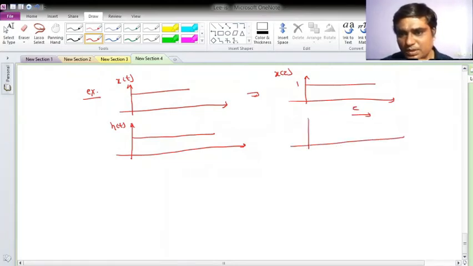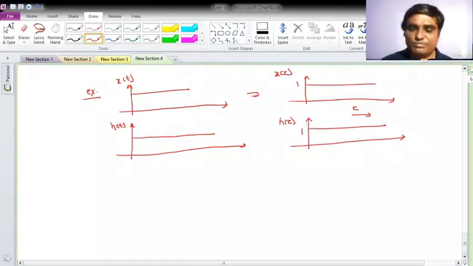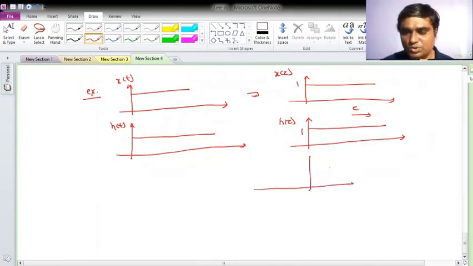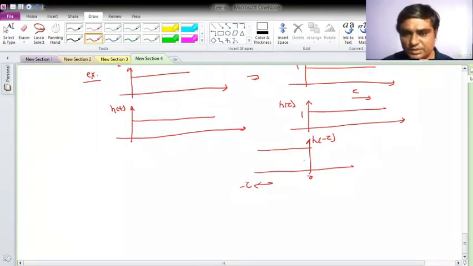Then plot h of tau also, like this, and then flip either one of the signals. Let me flip h of tau to get h of minus tau. So it will look like this, and then you shift this to the extreme left to get h of t minus tau.